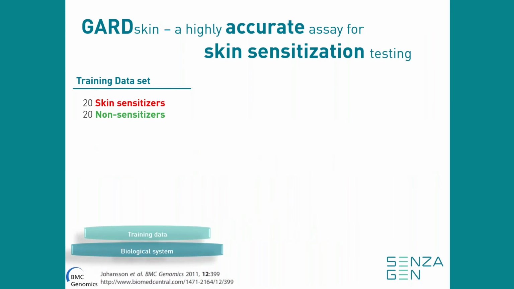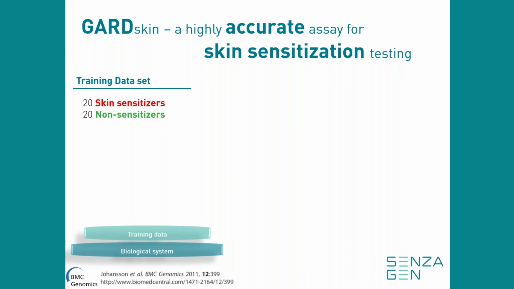To develop this strategy, we use exactly the same strategy as I described previously. We have the same biological model, and we have a training data set comprising 20 skin sensitizers and 20 non-sensitizers. Again, these are well balanced according to chemical reactivity domain and also to their industrial applications.